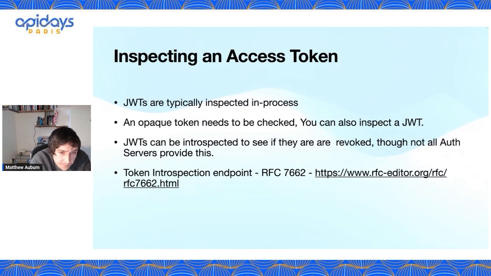Cool. So the benefit of that is that, like I said, you get these consistent claims. It doesn't really matter whether you're using a JWT or an opaque token. We can think about it from now on as: whichever token format you've got, you're still going to be looking at the same claims and values either way.